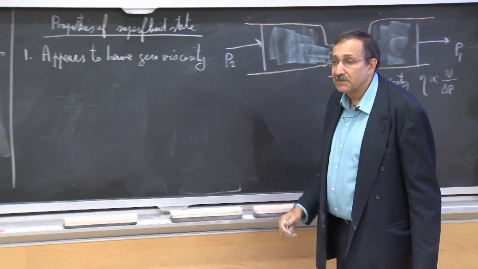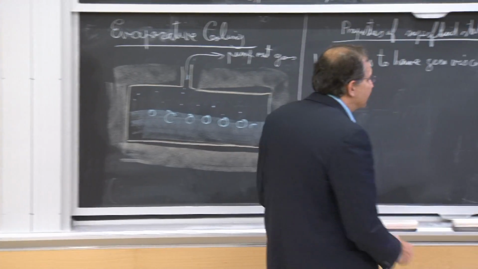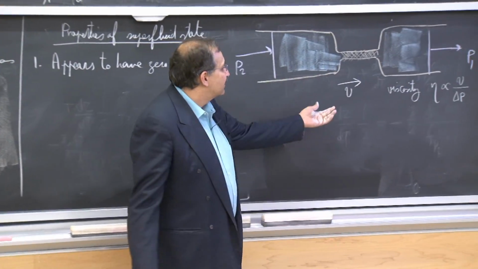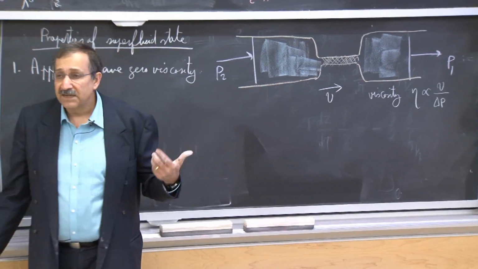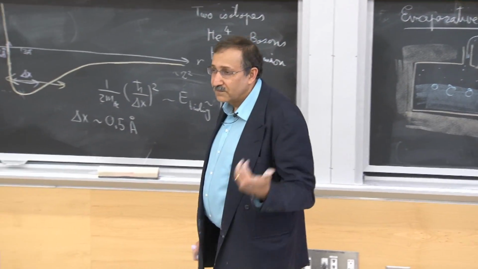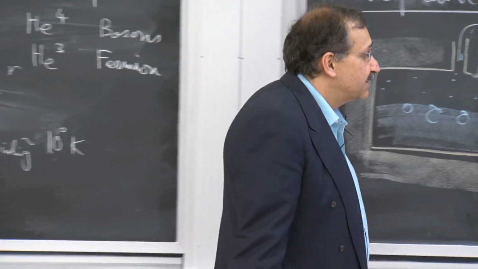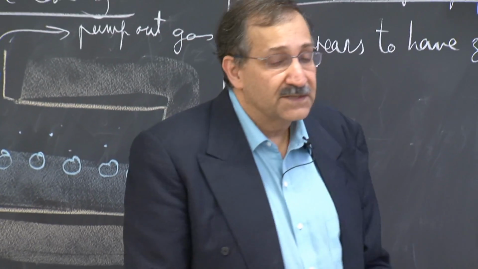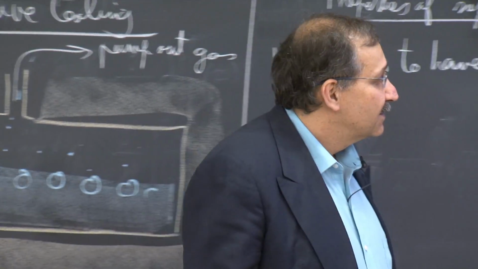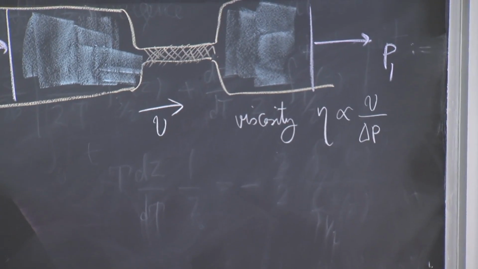Now, for this experiment with superfluid helium, you find that you can get a finite velocity with essentially infinitesimal pressure difference. So when you use this method to calculate viscosity, to whatever precision you can measure, this value of eta is not distinguishable from 0.